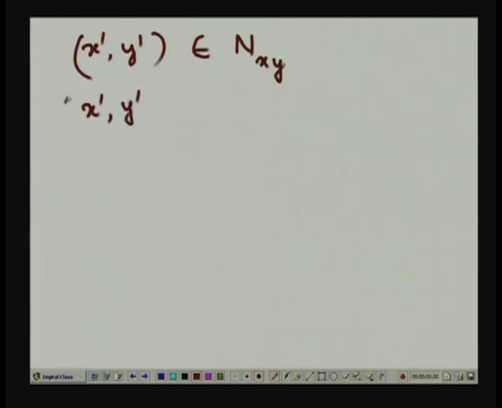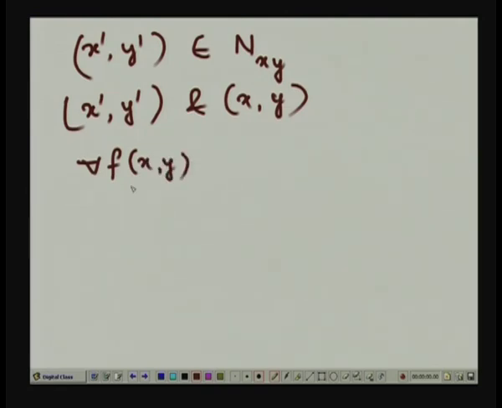So, our operation will be something like this: we take a point x dash, y dash, which is in the neighborhood of some point x, y in the image, and we say that these two points are similar if grad f x, y, that is the strength of the gradient operator at location x, y, and grad f x dash, y dash are very close.